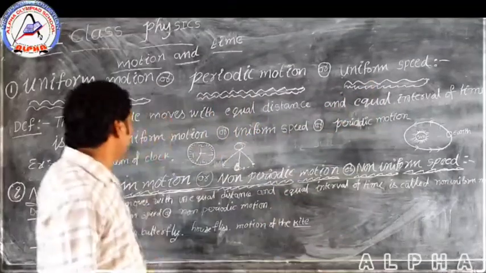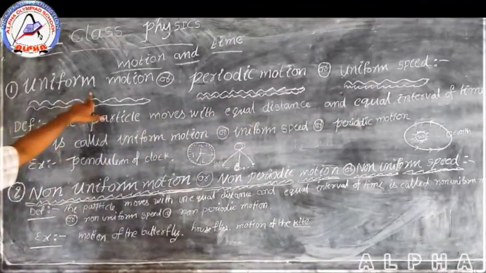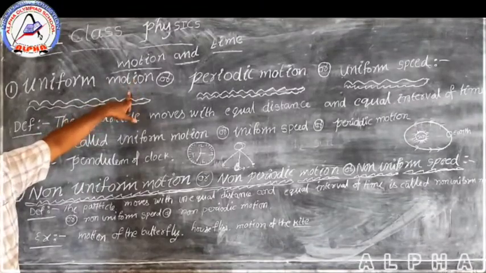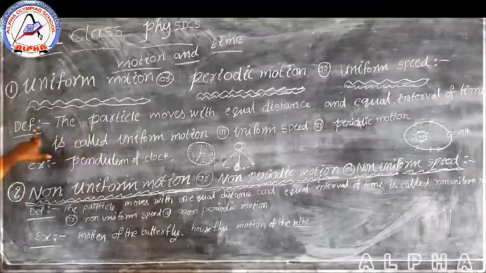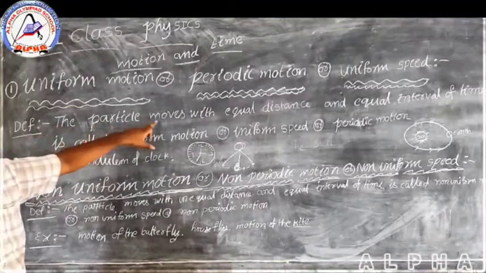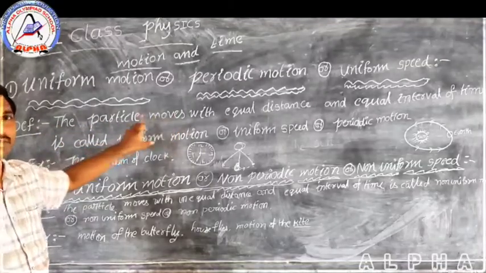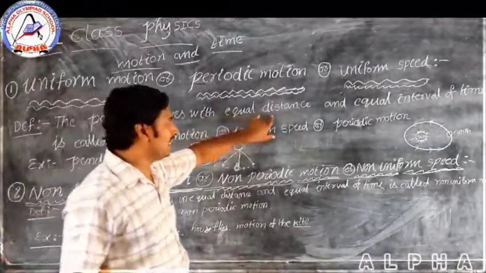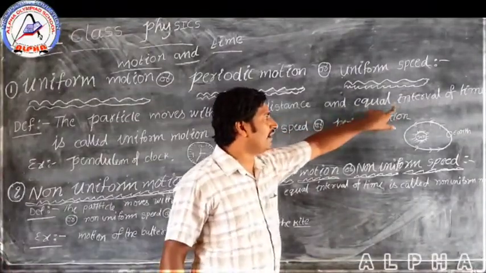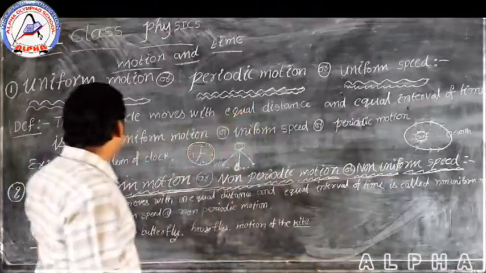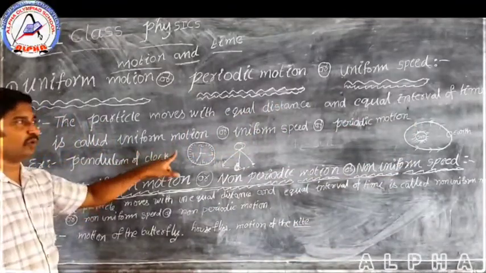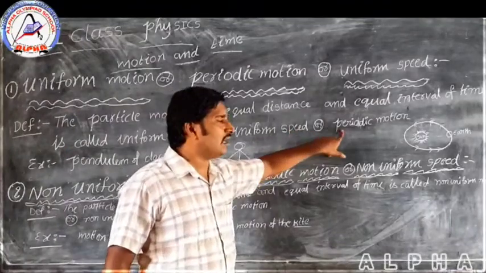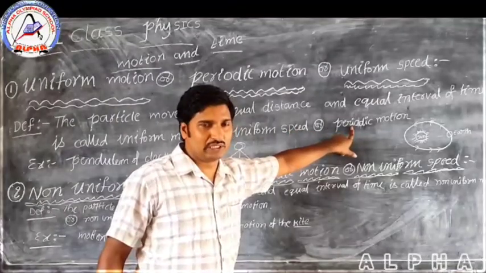What is meant by uniform motion? The particles which move with equal distance in equal intervals of time is called uniform motion, or uniform speed, or periodic motion.